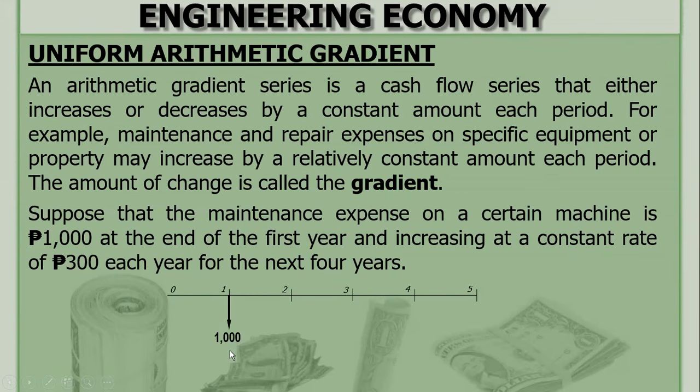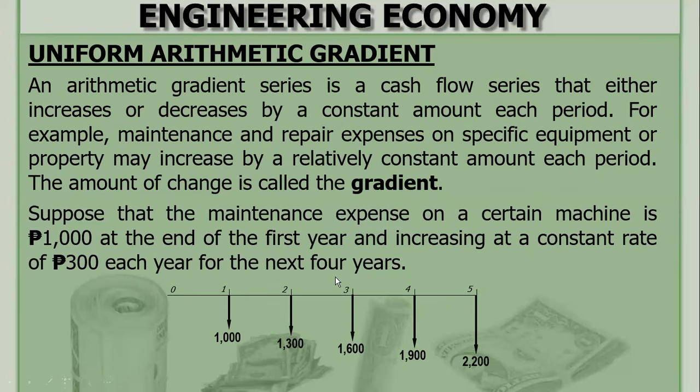So on the second year, it's 1,300, and then for the third year, add 300, and so with the fourth and the fifth year. So for 4 years, it increases by 300, from 1,000 to 1,300 to 1,600, and then 1,900, and 2,200.